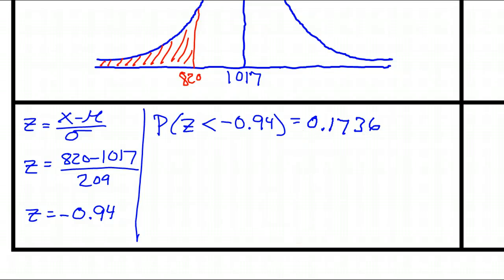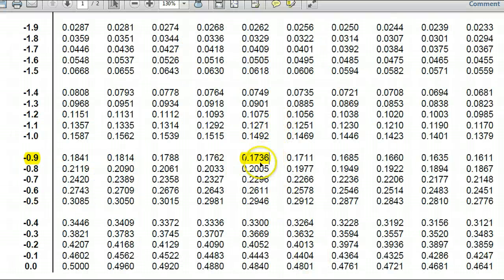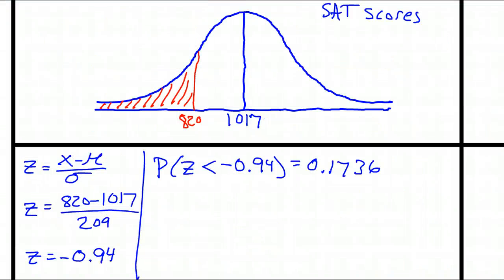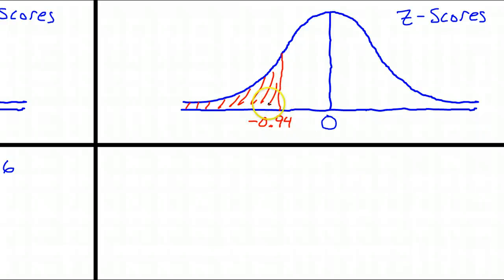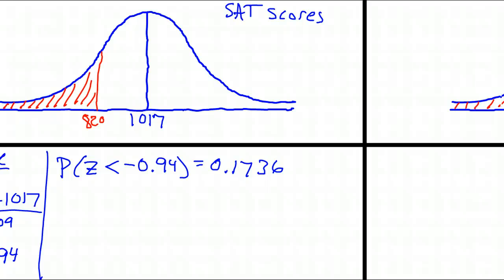Again, anytime you're looking at this chart, you're looking at the proportion of the data that's to the left of this z-score. And luckily, that's just what we wanted. We wanted the proportion of data to the left of this z-score, and we just found out that it was 0.1736.